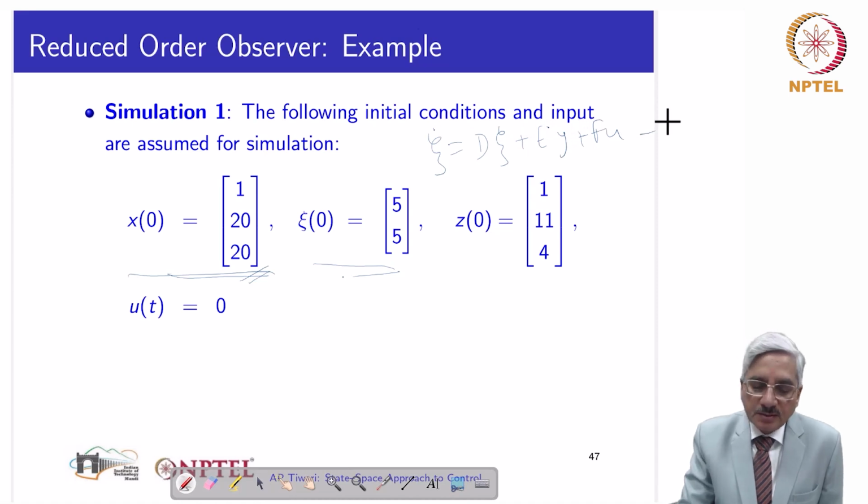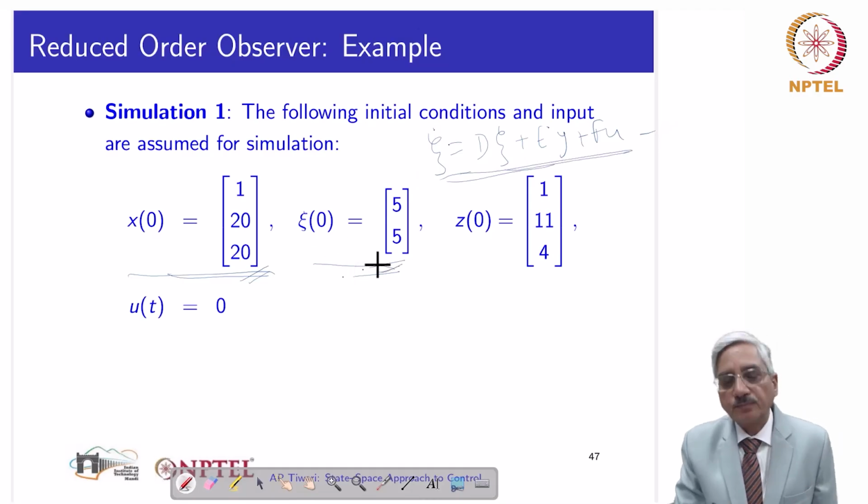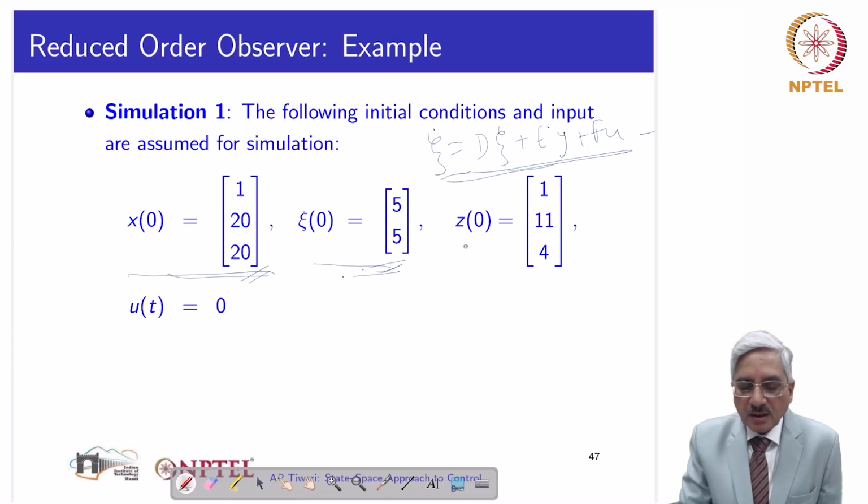So we assume xi 0, the initial condition for this dynamic equation, as 5, 5. And correspondingly the z0, because z1 is same as x1, so z10, z20 and z30, they are evaluated from this one, so L y plus xi.